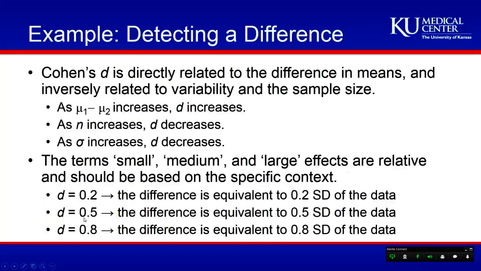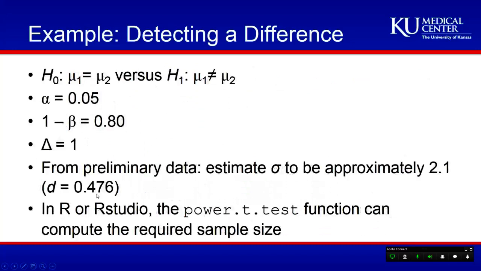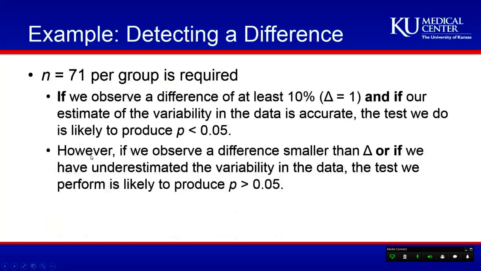So suppose we want a Cohen's d of about 0.5 standard deviation. So we want to look for a medium effect because we don't really know what we're looking for. Then we can plug that into a tool. For instance, in RStudio, there's a function called power.t.test where you just specify 3 of these and it will produce the 4th. And it turns out a sample size of 71 per group is required for this scenario.